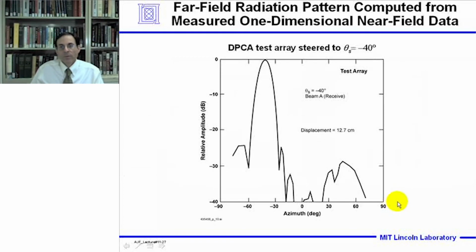We can take the near field data shown in the previous slide and compute the far field radiation pattern. And so this is with the main beam steered to -40 degrees. This is for beam A, phase center A, where the phase centers are displaced by 12.7 centimeters.